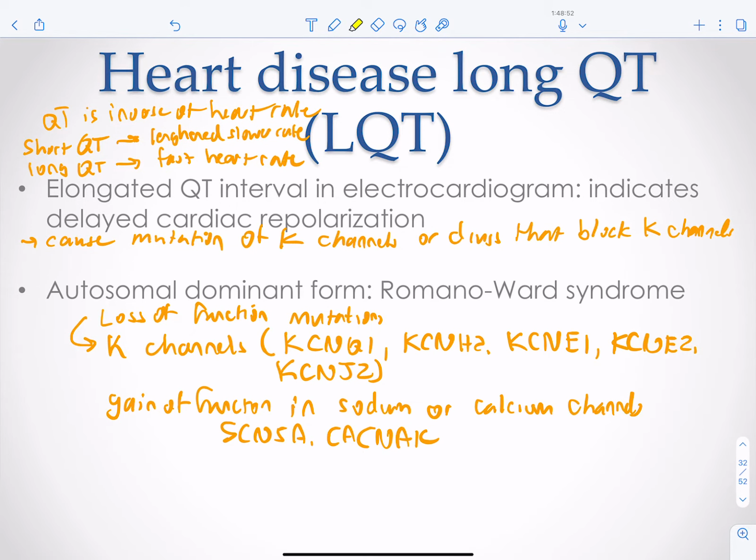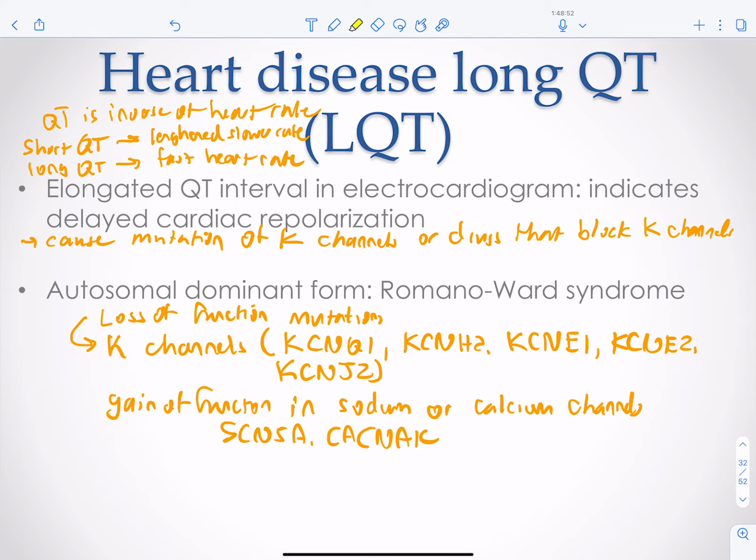Okay, so QT interval. One thing to keep in mind for QT interval on the electrocardiogram is that it is inversely proportional to the heart rate. So the QT interval will be short when the heart rate is fast, and the QT interval lengthens as the heart rate slows.